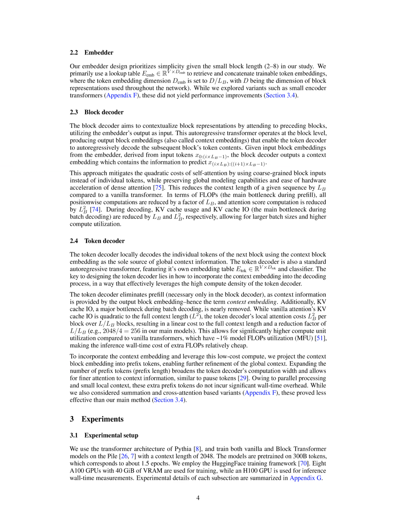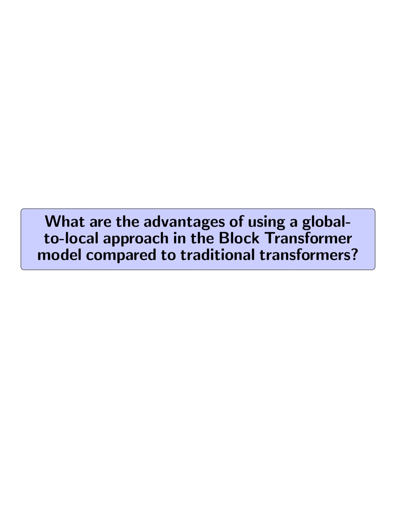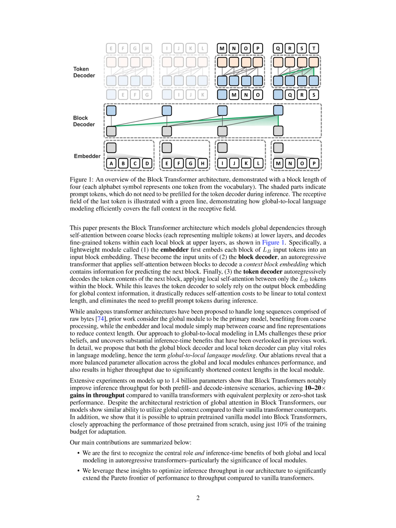token decoder. What are the advantages of using a global-to-local approach in the block transformer model compared to traditional transformers? The advantages of using a global-to-local approach in the block transformer model compared to traditional transformers are significant.